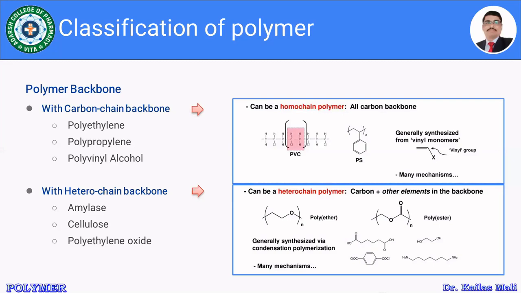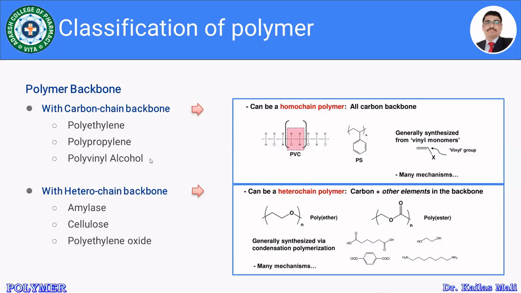Here I have shown examples of hetero chains, polyethers and polyesters. Examples of carbon chain backbones are polyethylene, polypropylene, and polyvinyl alcohol.